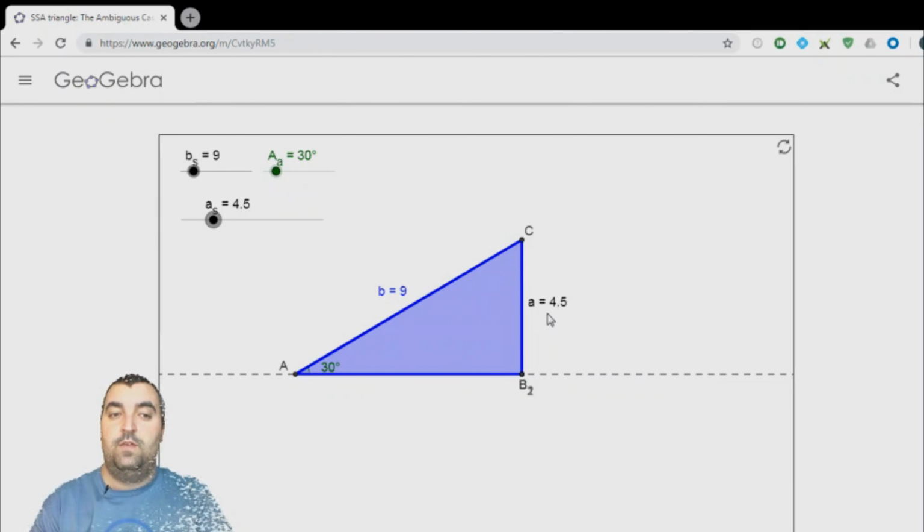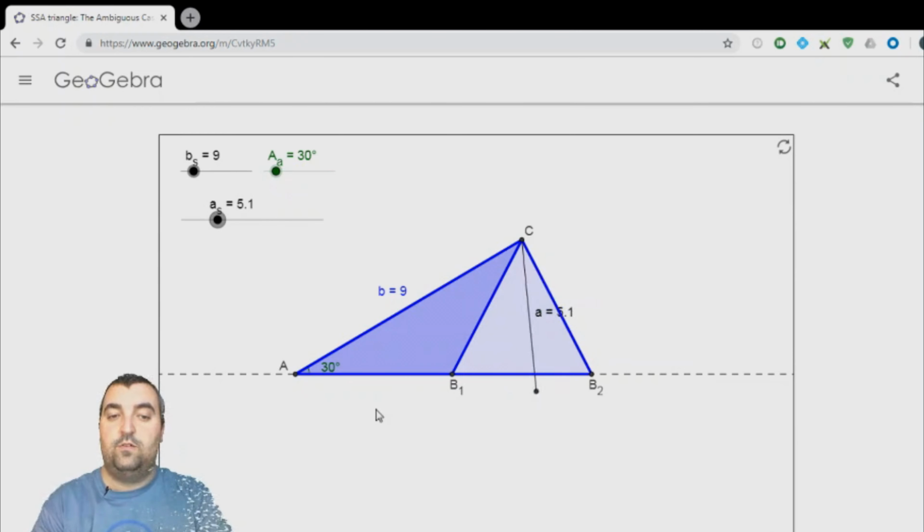Then as I increase it a little bit more, you can see that there are two triangles formed here: ACB2, this larger one, and then AC and B1 that's also formed. So with the 30 degrees, the 9, and the 5.1, I could form two triangles.